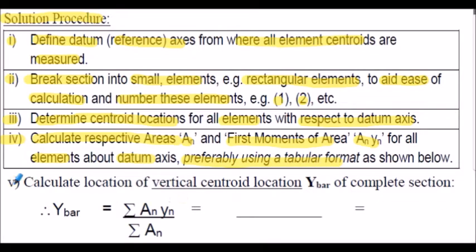And the 5th step, we actually calculate the location of the vertical centroid, Y-bar, and you'll see later on the horizontal centroid, X-bar, using our formula derived on the previous slide. Y-bar is equal to the summation of the first area moments of all the elements divided by the summation of the area of all the elements. The following slides show you how to apply this procedure to find the centroids of various sections.